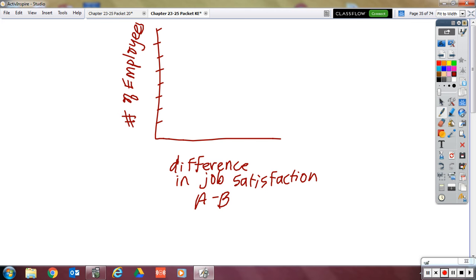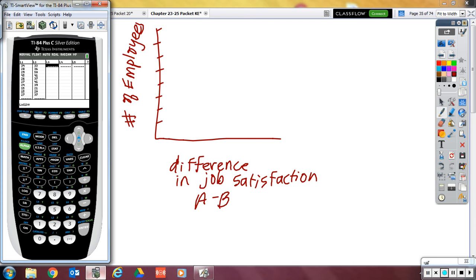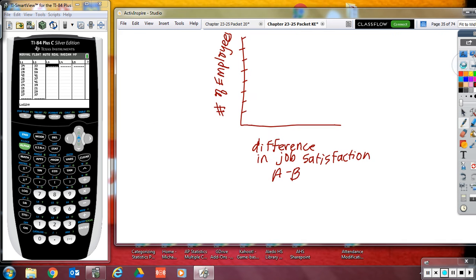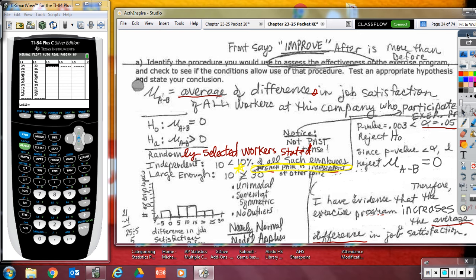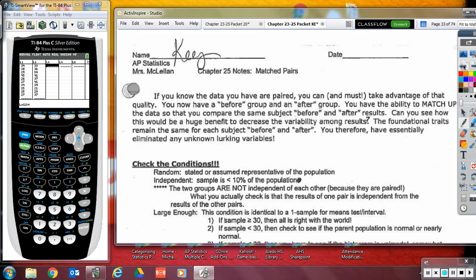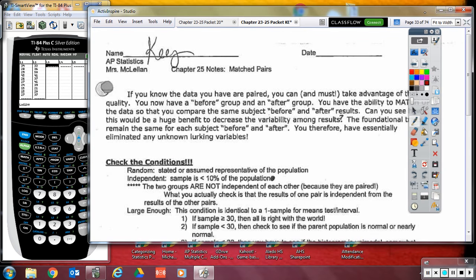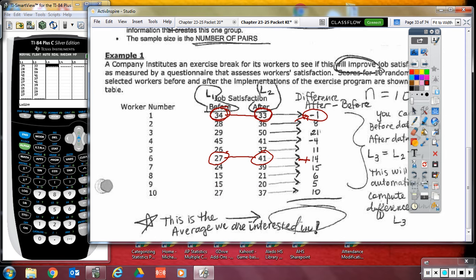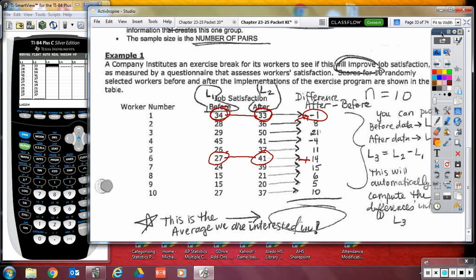Now, let's actually go to our calculator for a minute because I've kind of not had you do this. Let's go ahead. Where are we going to put all this data in? Stat edit. So I want you to go back to your data or your lists. Okay, on the bottom of that page there. Take a look and let's put this information right here.